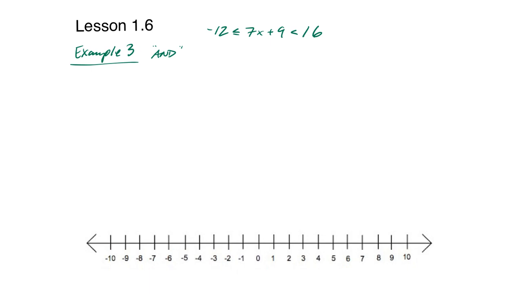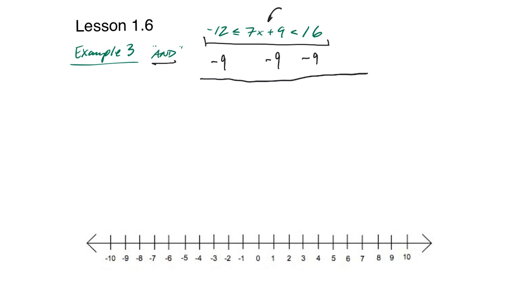So here is an and inequality, but it's written with the variable x in the middle. What we need to do is get the x alone in the center between the two inequalities. So I'll show you how we solve this without separating them out. I'm going to subtract 9 from each section where the inequality is. So I cancel it in the middle. Here I have -12 minus 9 is -21. It's less than or equal to 7x, which is less than 7.